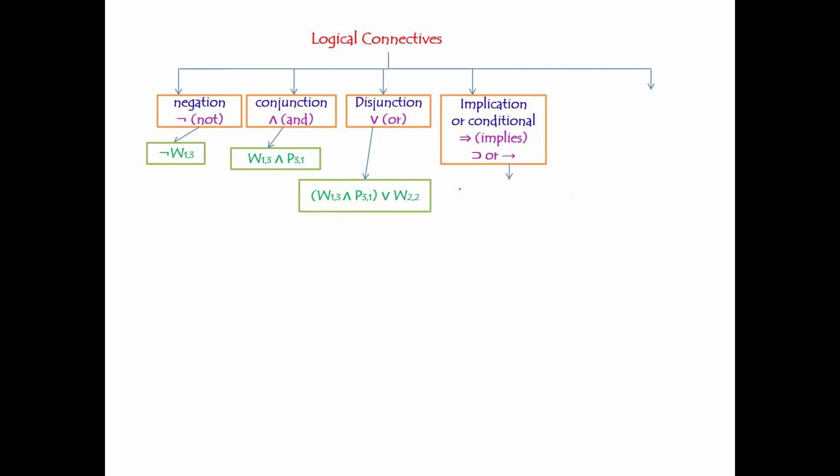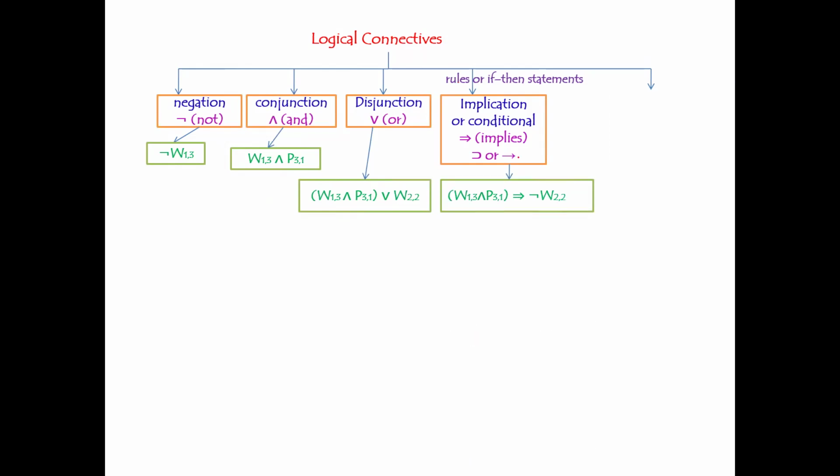Then implication or conditional. The symbol is this. This we can also call implies. We may also use these two symbols as well. This we can also call if-then statements, or implication rules.